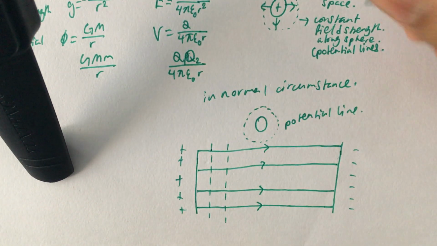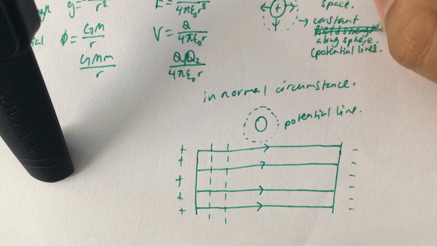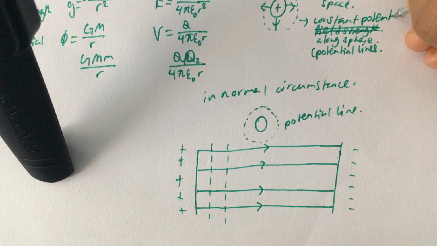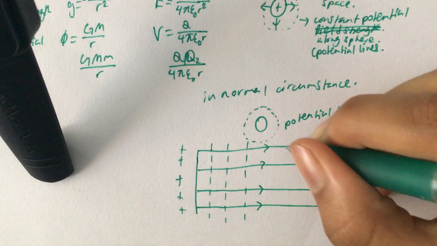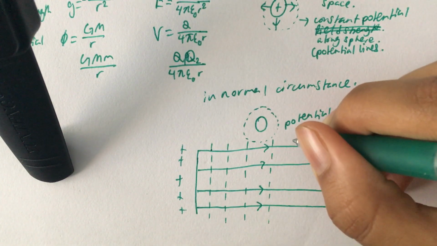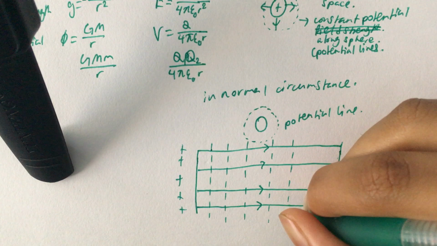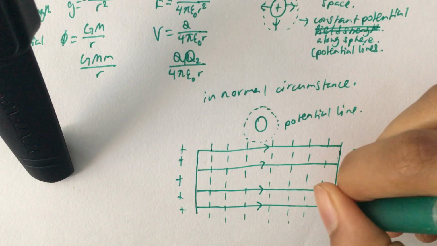How do you look at this? Since I mentioned potential gradient, that's how you look at it, because the field strength equals the gradient of the potential. For point charges, the field strength is Q over 4 pi epsilon r squared versus the potential, which is Q over 4 pi epsilon r.